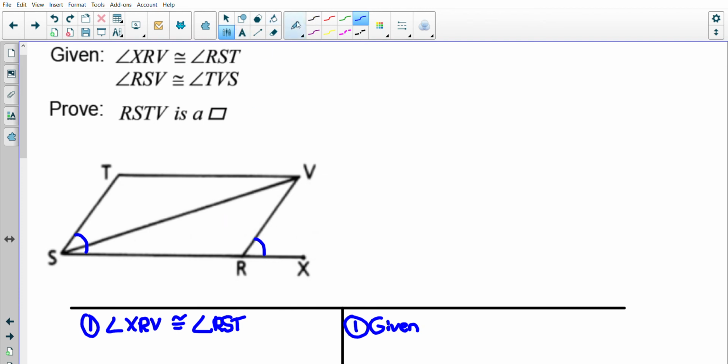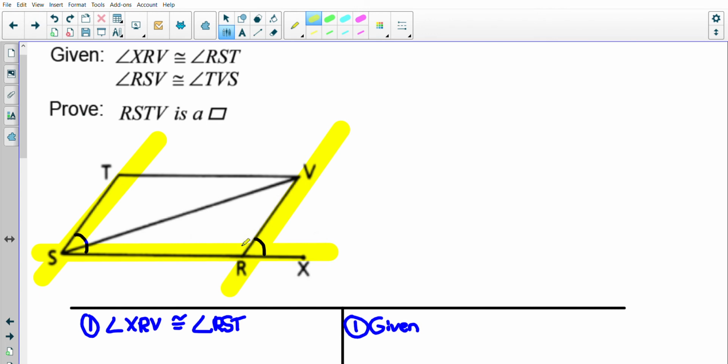Okay, so I'm going to kind of pull my highlighter out here and just sort of extend a couple things. I have these two right here. Okay, and then maybe this is the transversal. Those 2 angles that I just marked as congruent, they look like they're in corresponding positions. Okay, they're both, I guess, kind of like to the right of their respective lines, and they're both above the transversal.